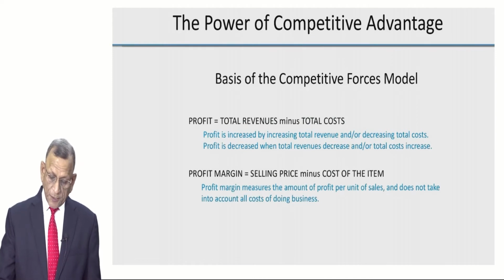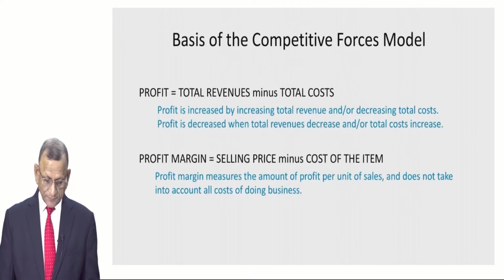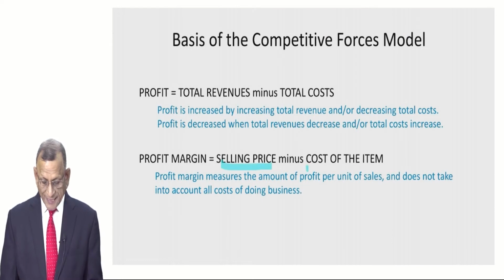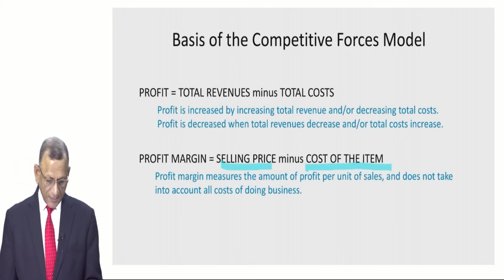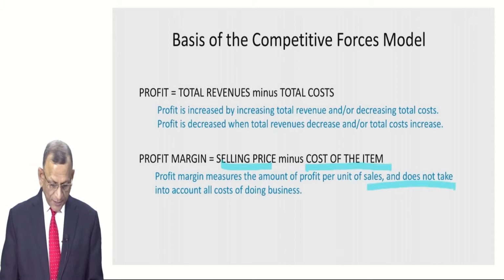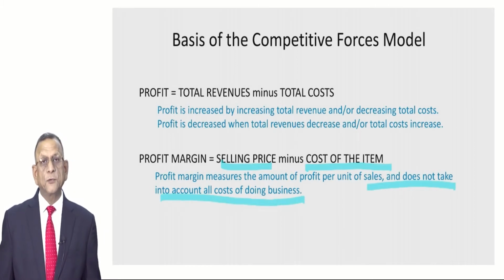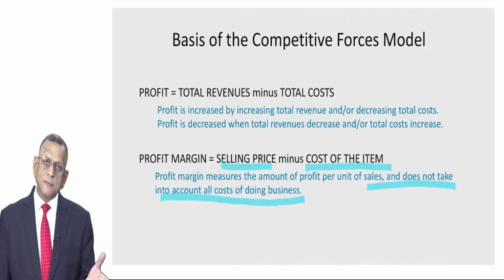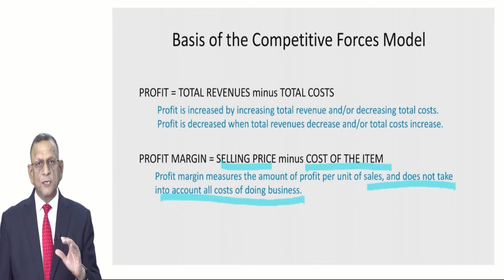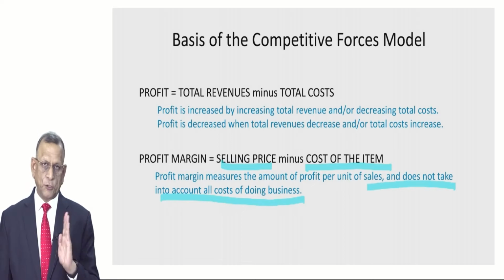So, this profit margin is dependent on selling price minus cost of the item. This we understand very well. Profit margin measures the amount of profit per unit of sales and does not take into account all costs of doing business. There are 2 factors. One is the entire cost of doing business, which will include fixed cost and variable cost.